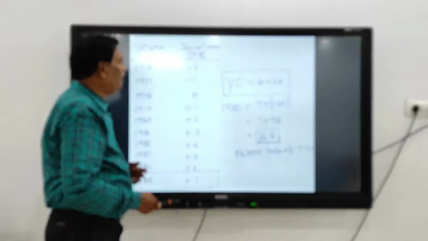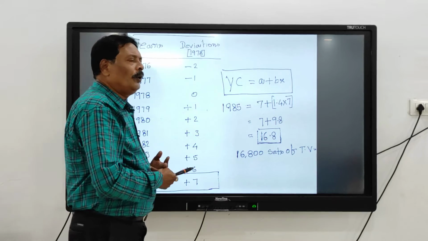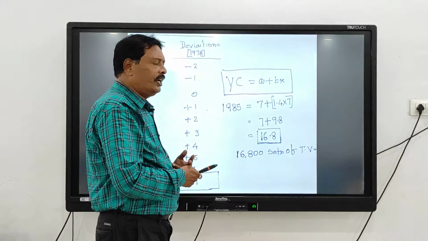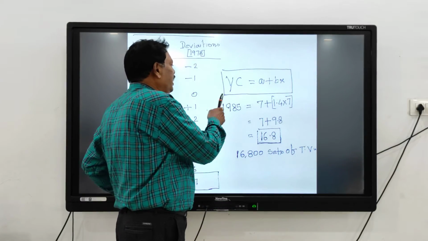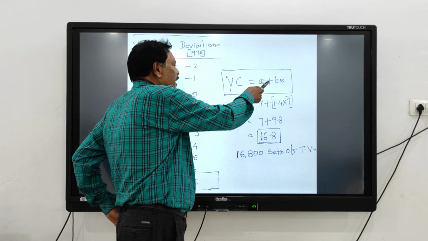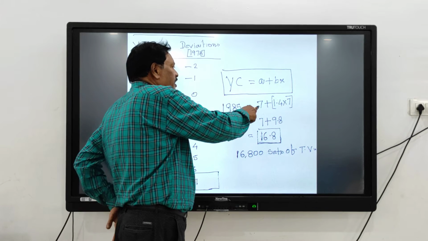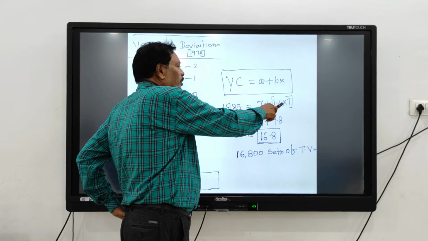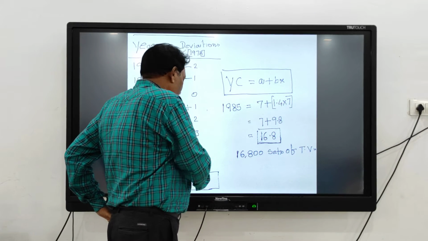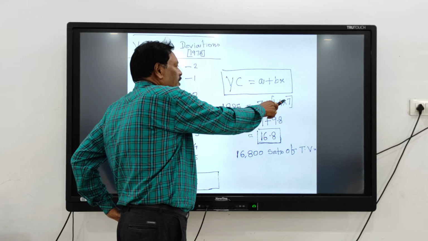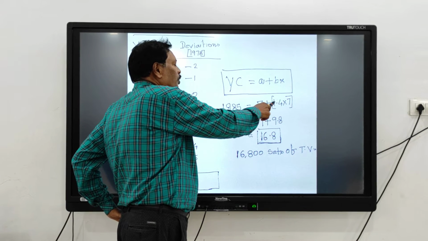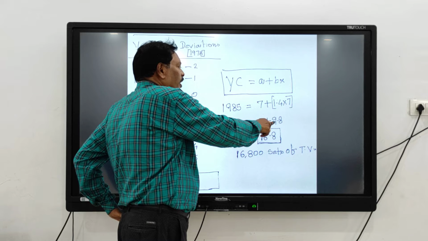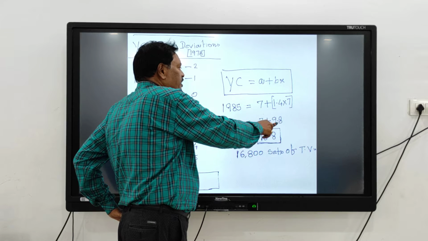With the help of this x value, we can calculate yc for 1985 like this: a plus bx. A is already calculated as 7, plus b 1.4. The x value is 7. When you multiply this x value 7 with b value 1.4, you will get 9.8 as the result.